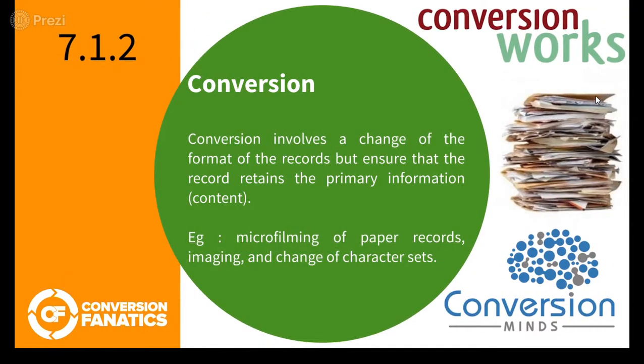Second one, conversion. Conversion involves a change of the format of the records, but ensures that the record retains the primary information. For example, microfilm of paper records, imaging, and change of character sets.